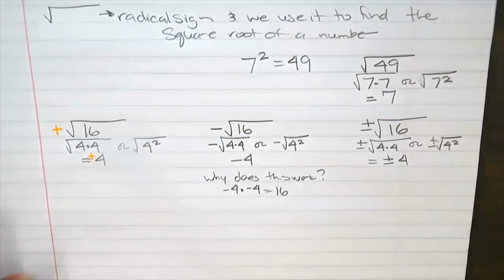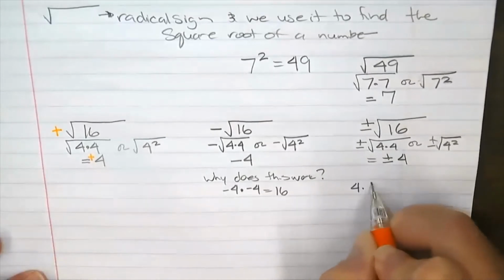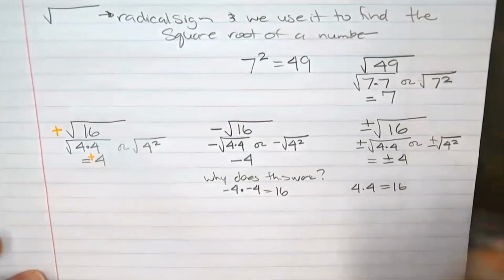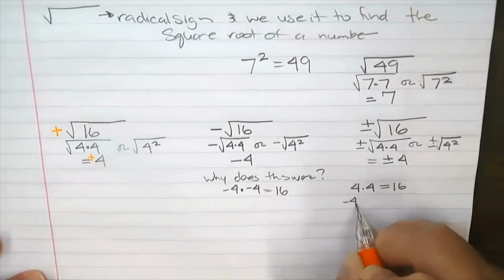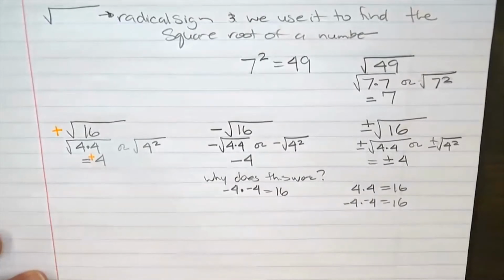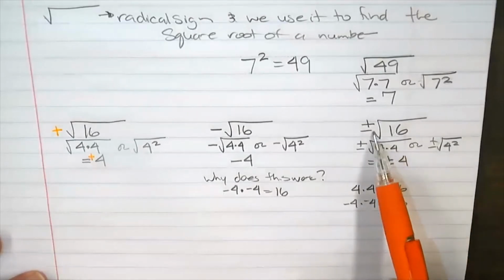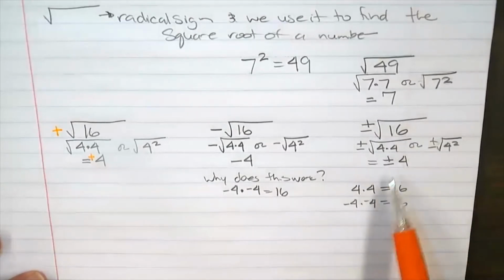And why does that work? Well, positive 4 times positive 4 equals 16, but negative 4 times negative 4 also equals 16. So technically, there are 2 correct answers to this, positive 4 and negative 4.